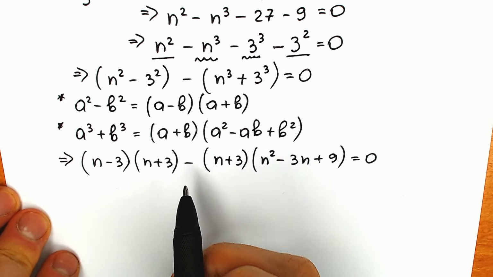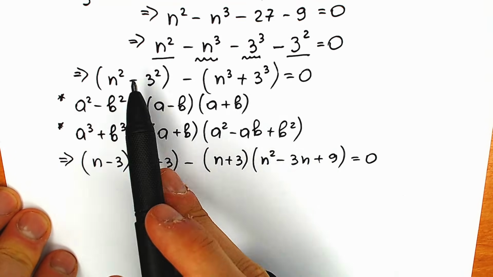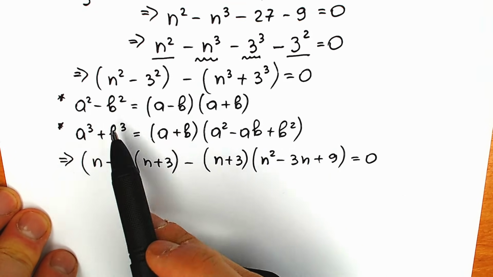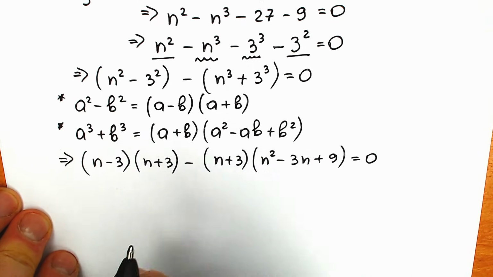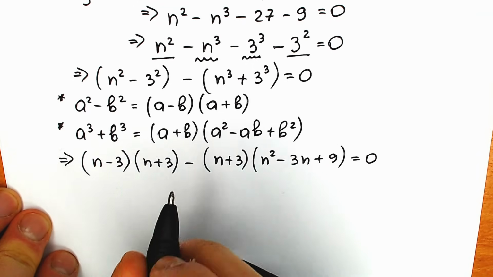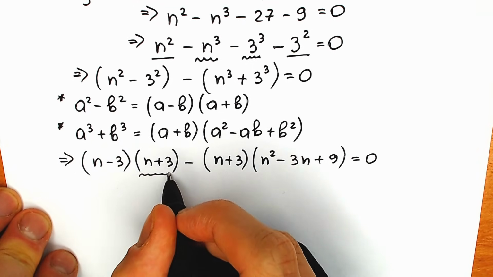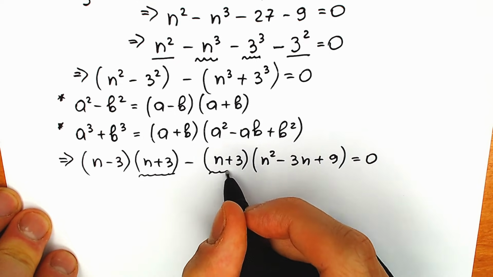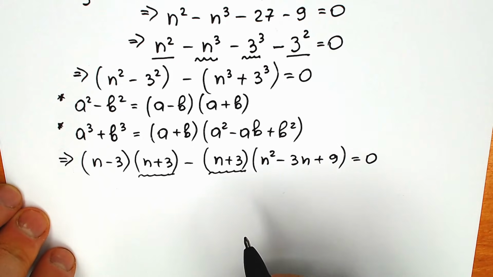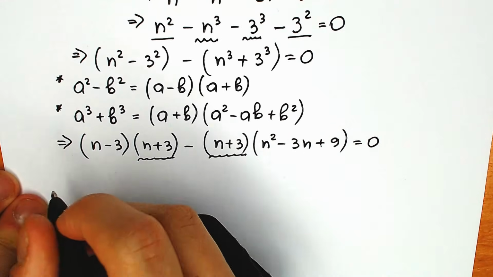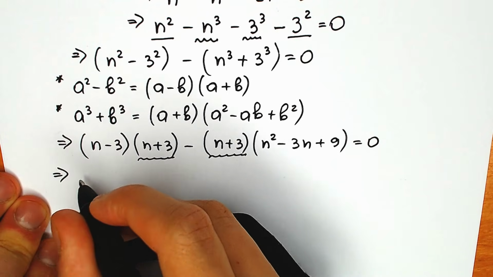So I really hope you understand these steps. So we just expand these two expressions in terms of this formula. Okay, right now we have 4 parentheses, but the main thing, we have one same parenthesis. We have n plus 3, the same expression with this n plus 3. Okay, really great. And the next thing we're going to do, we're going to factor this n plus 3.